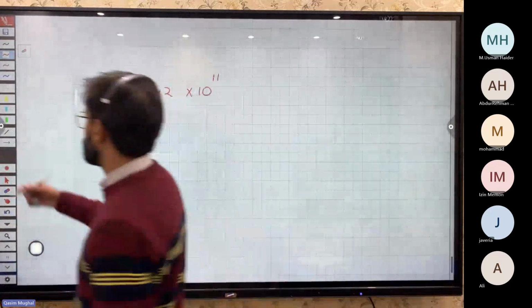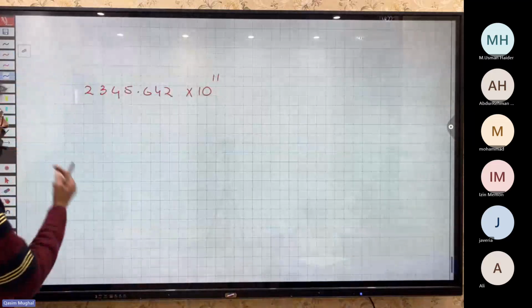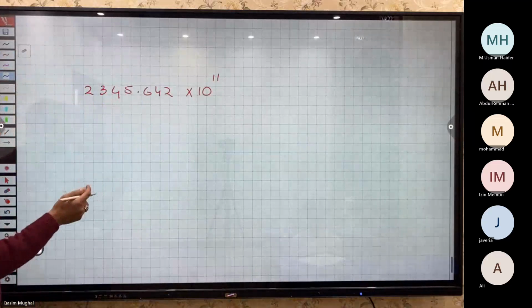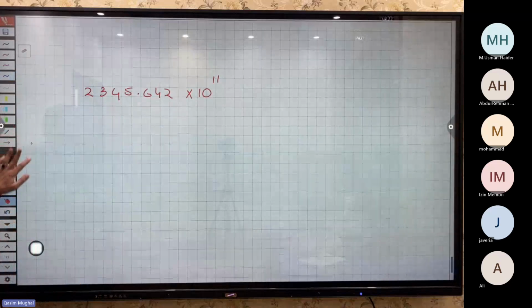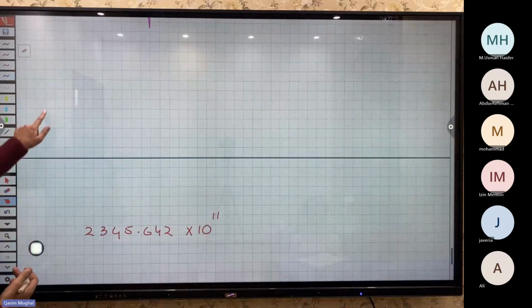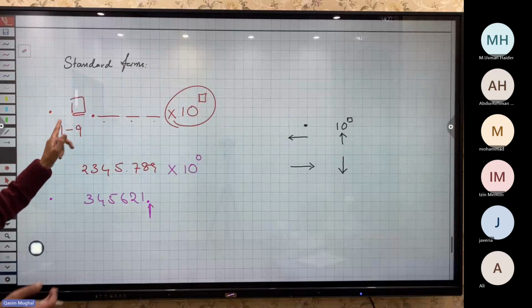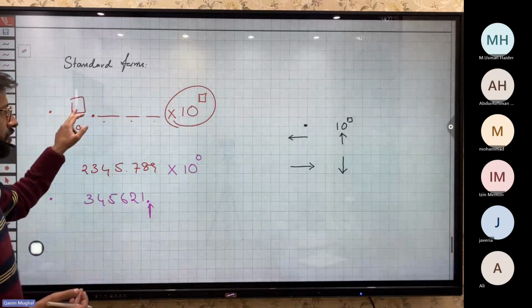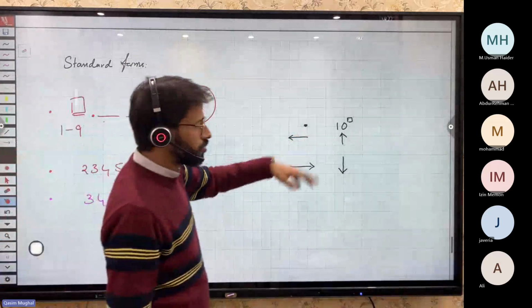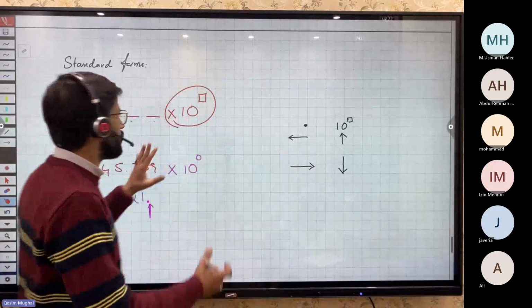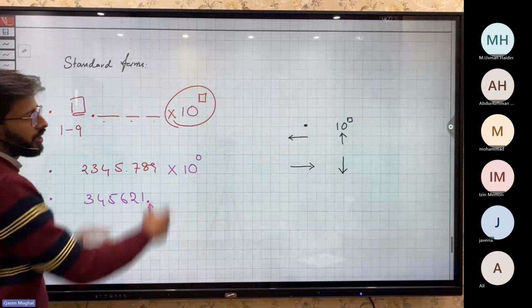If the examiner asks you to write this number in standard form, we will be moving the decimal to the left. Now let me take you back to the definition and the rule. One digit, from 1 to 9, to the left of the decimal. In order to convert any number into standard form, we will make sure that it fits this criteria.